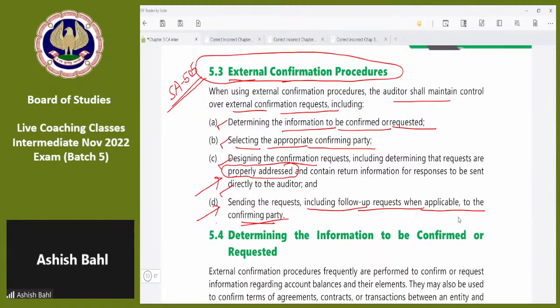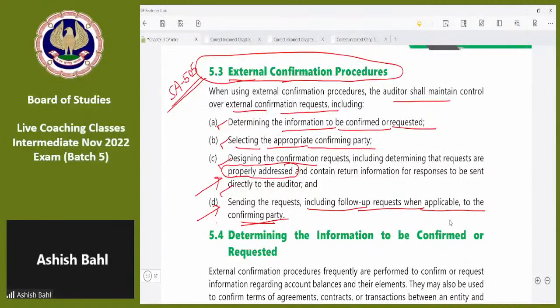So Sudhanshu Pandey, you are asking what is the difference between positive confirmation and exception? Now, positive confirmation, Sudhanshu, covers a situation where the auditor makes a request in such a way that the other party, whether he agrees or disagrees with it, sends the confirmation.